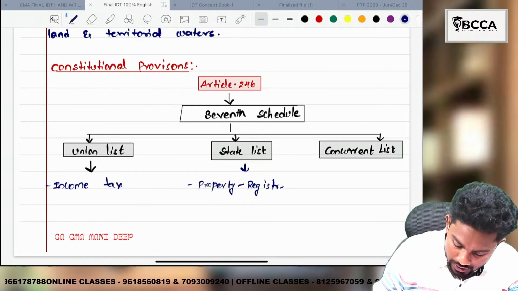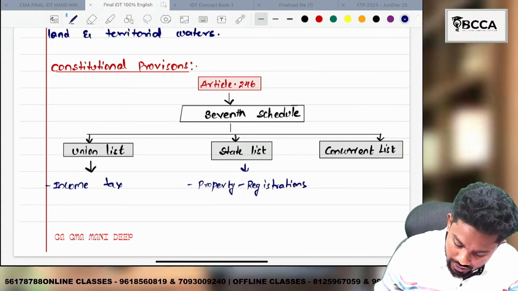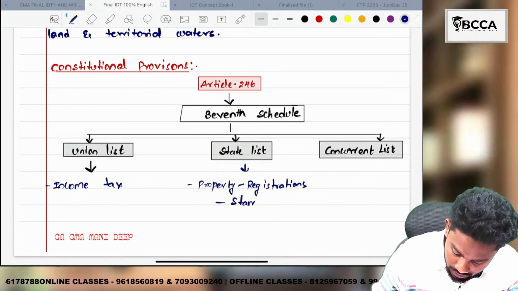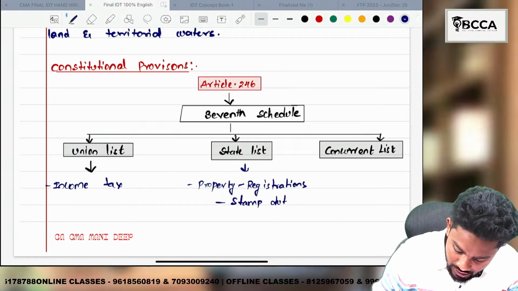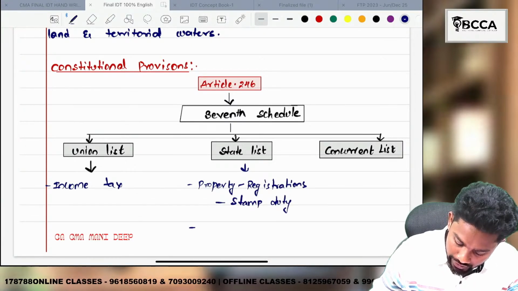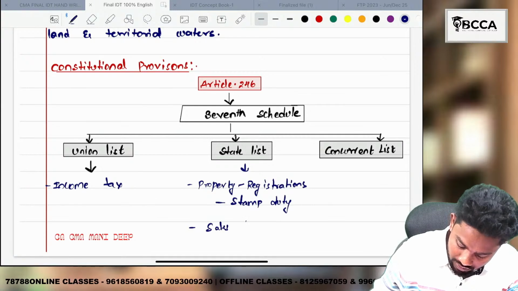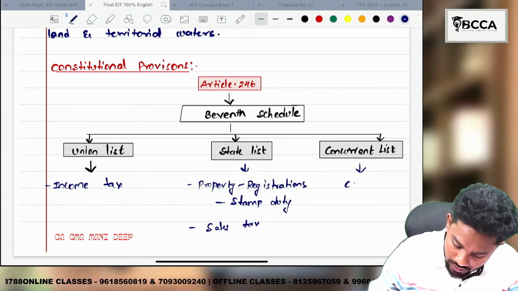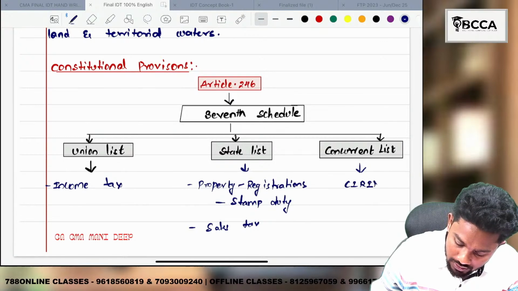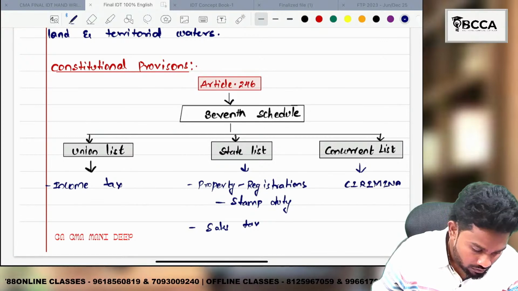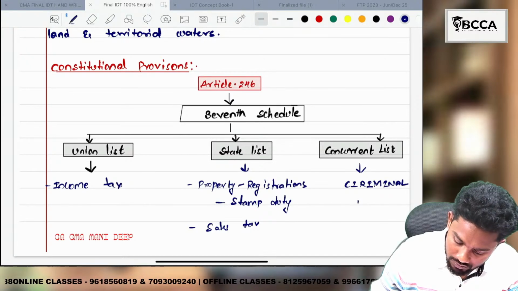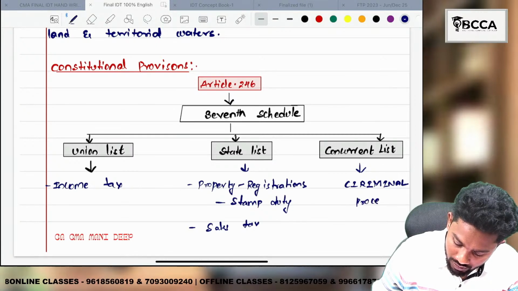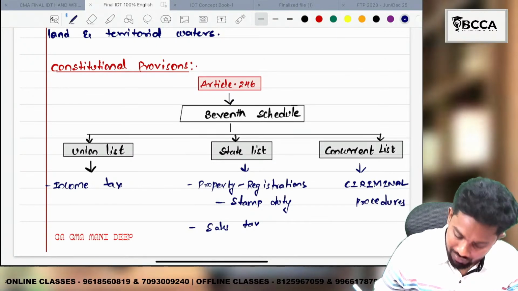On property registration, there will be stamp duty, that one, and even sales tax. For the concurrent list, matters related to criminal procedures.